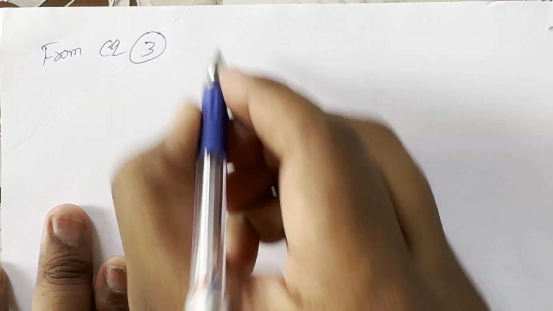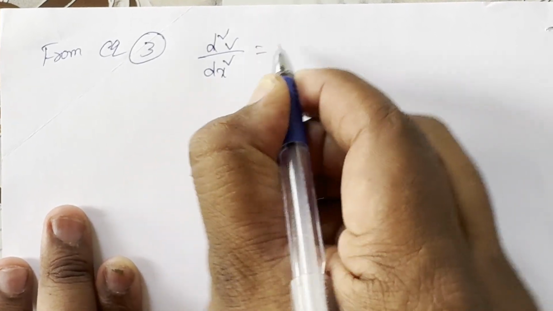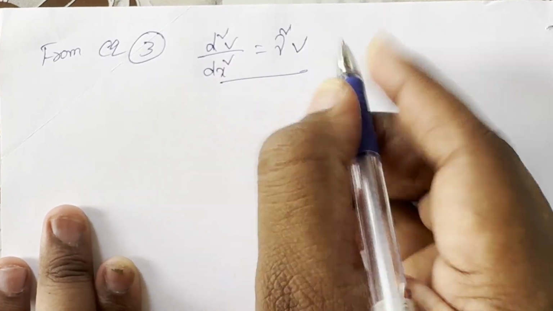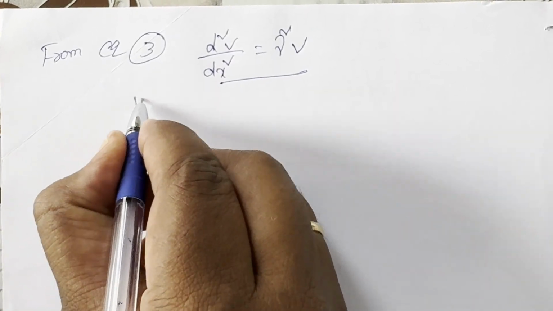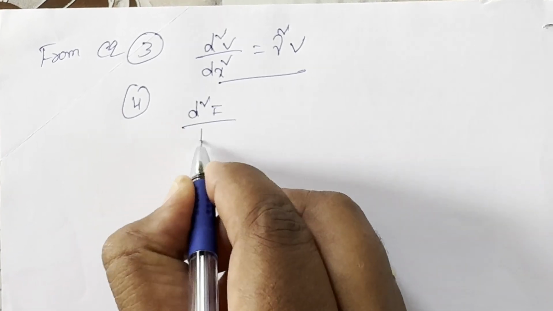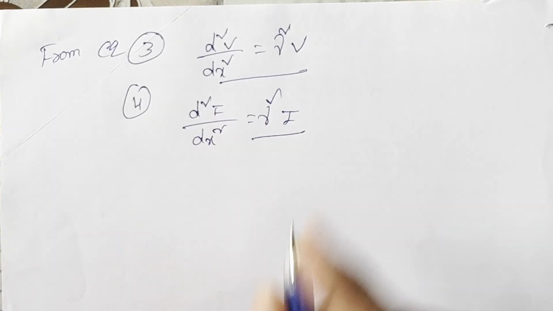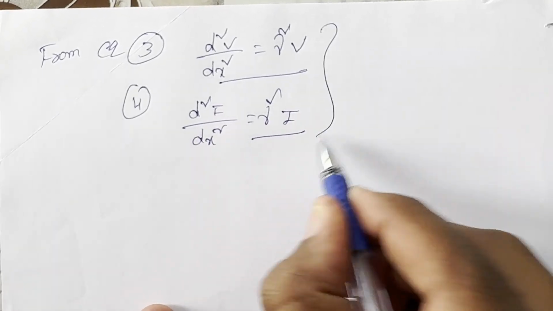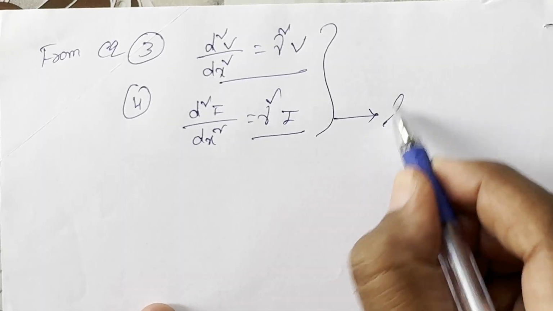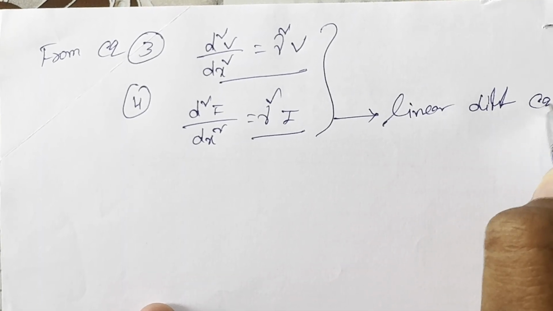From equation 3, d square V by dx square equal to gamma square V, and from equation 4, d square I by dx square equal to gamma square I. These are linear differential equations.